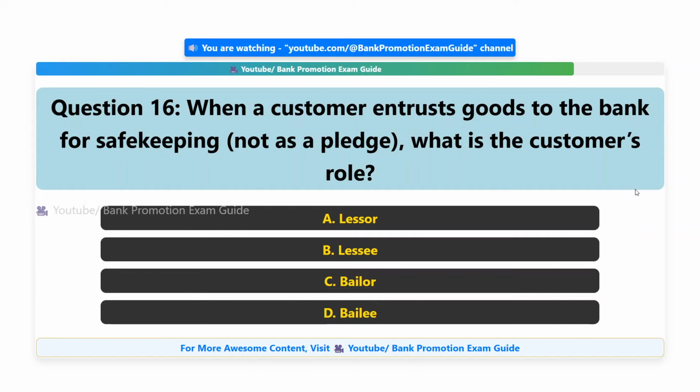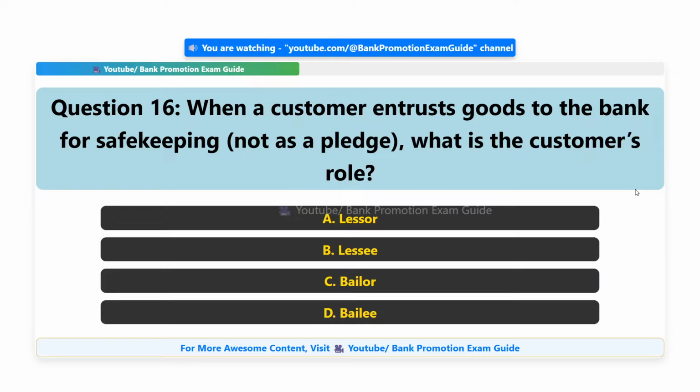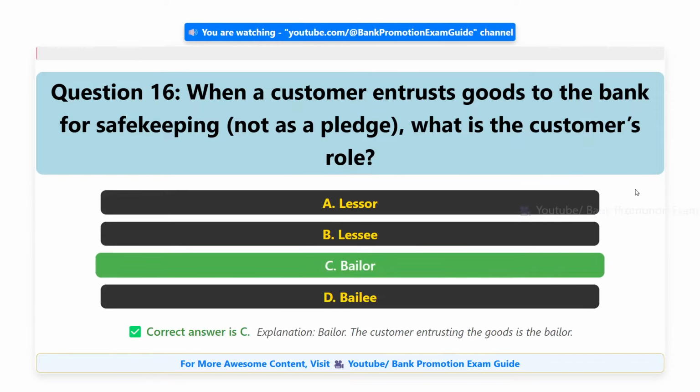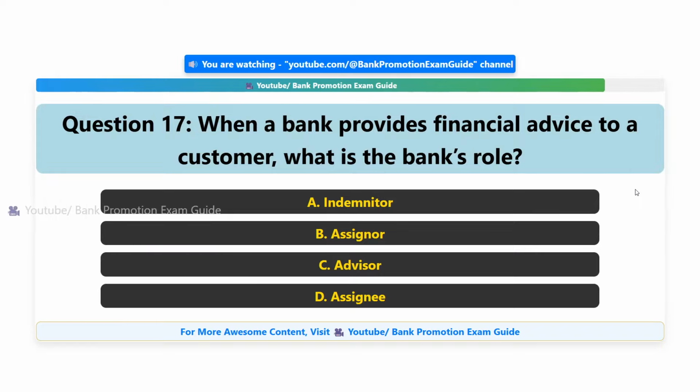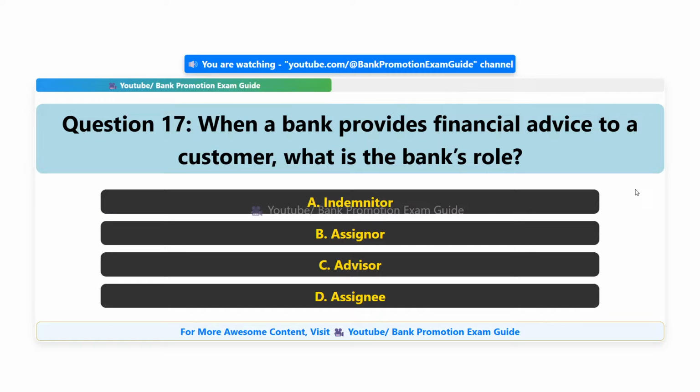Question 16. When a customer entrusts goods to the bank for safekeeping, not as a pledge, what is the customer's role? Bailer. The customer entrusting the goods is the bailer. Question 17. When a bank provides financial advice to a customer, what is the bank's role?